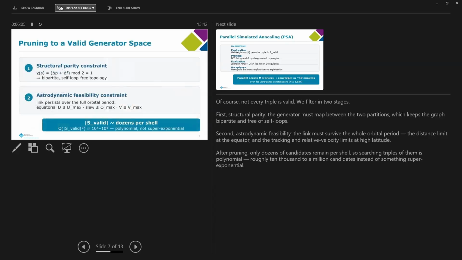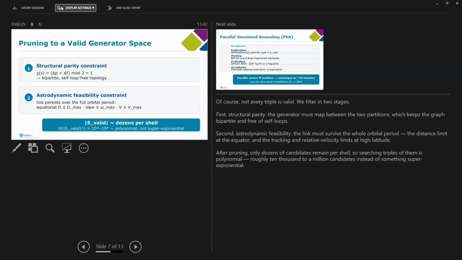Of course, not every triple of offsets is valid. We have to filter them in 2 stages. First is structural parity. The generator must map between the 2 partitions, which keeps the graph bipartite and free of self-loops. Second, it should be astrodynamically feasible. The link must survive the whole orbital period.